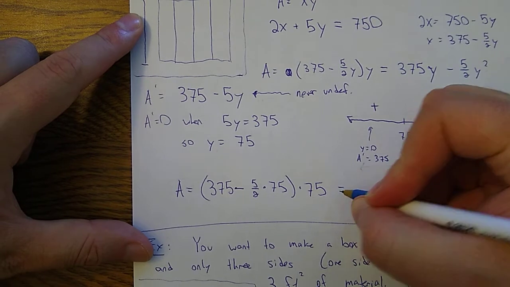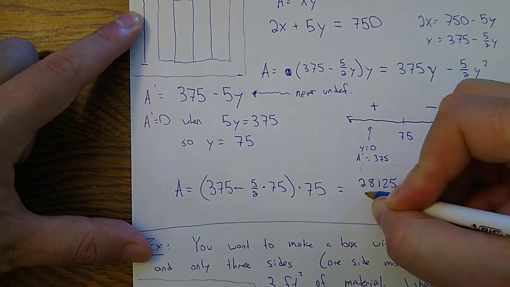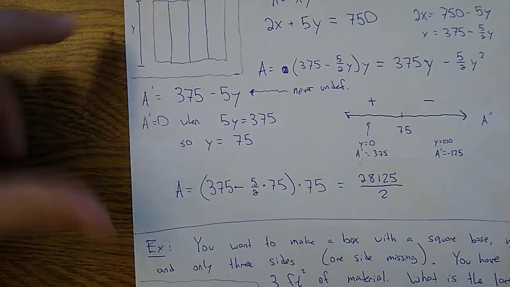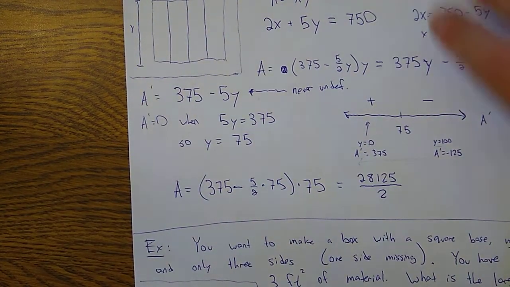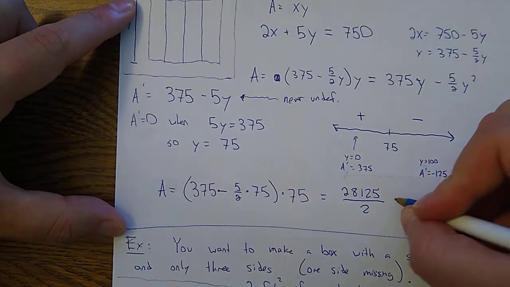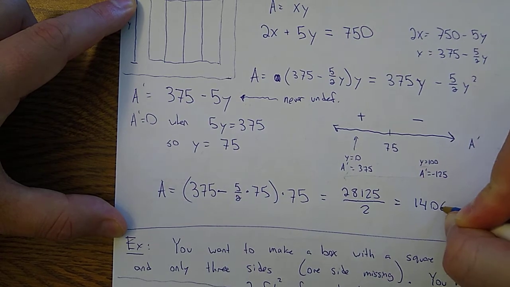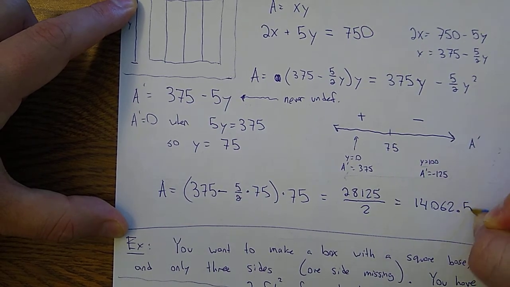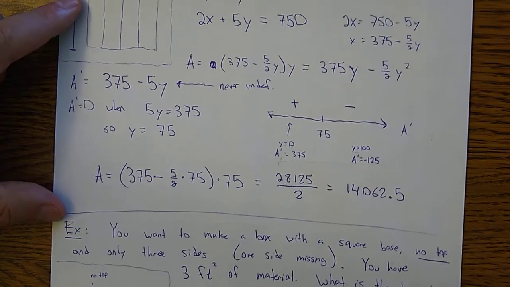Yeah, so I get 28125 over 2, which maybe it would be nice to have that as a decimal, right? This is 14062.5.